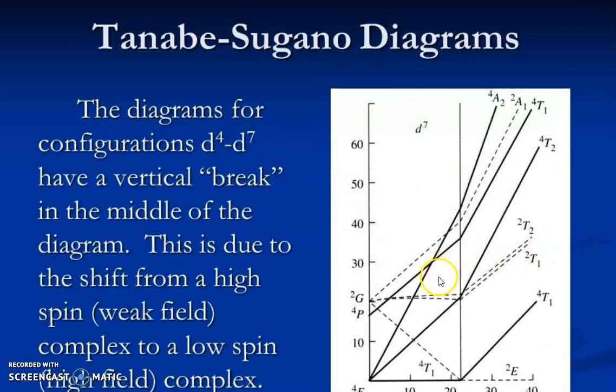Now, the diagrams for configurations d4 to d7 have a vertical break. You can see this vertical break in the middle of the diagrams. This is due to the shift from high spin weak field complex to low spin strong field complex.